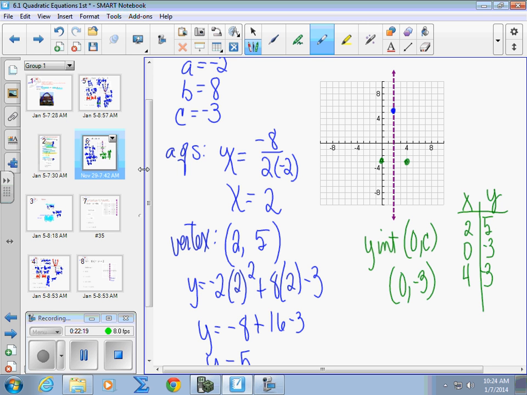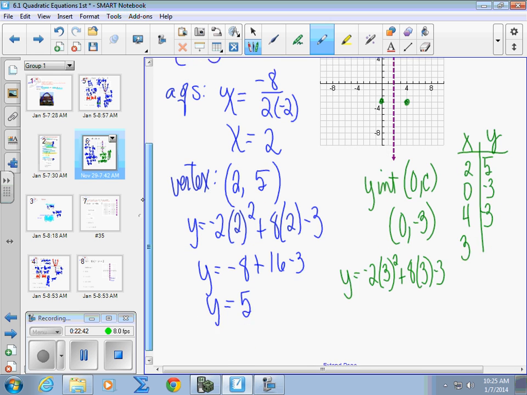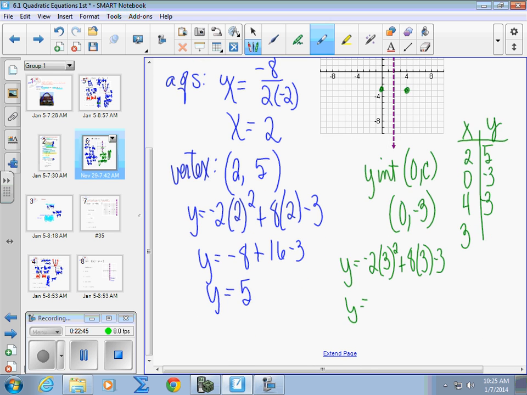We probably need to put in another number, so we'll plug in 3. And plug in 3, what do we get? We get y is equal to 3.